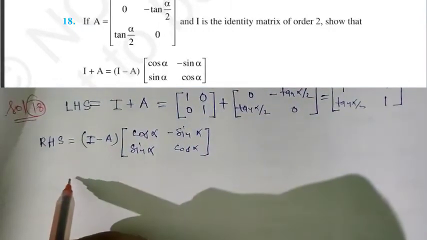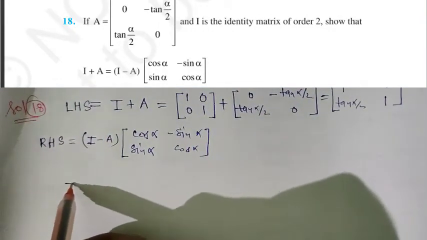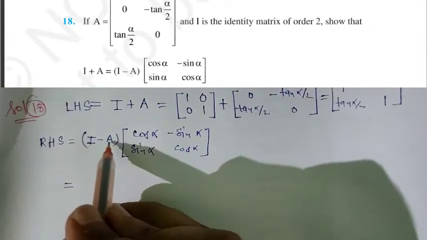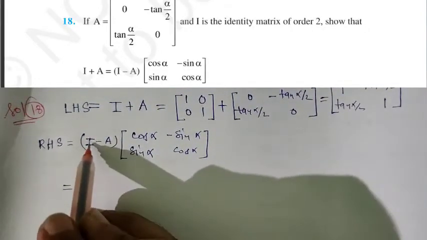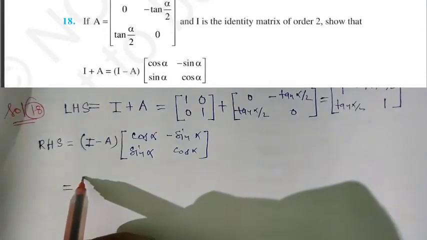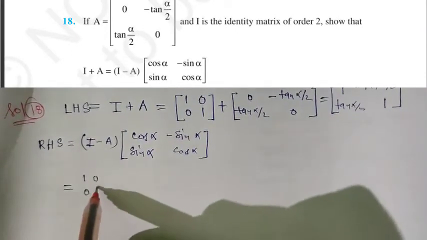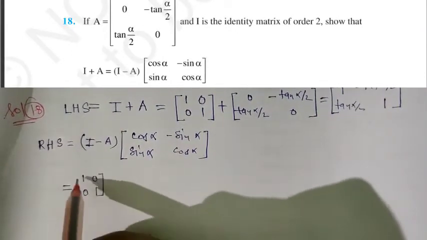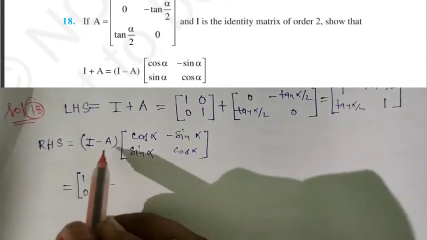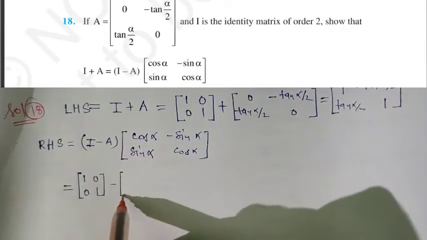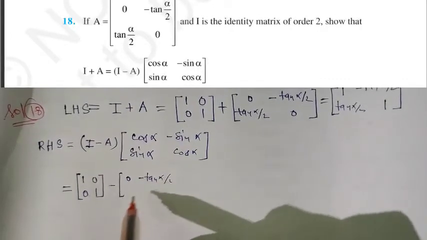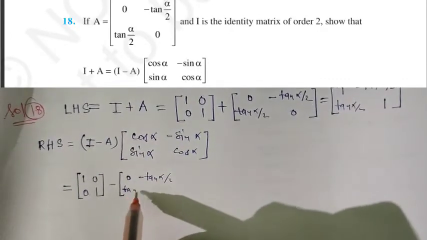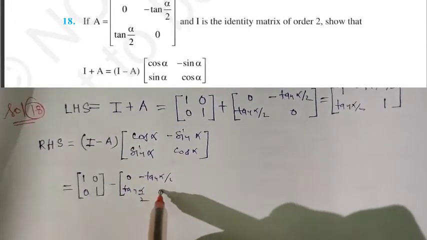How will we do it? First we will simplify I minus A. This will be [1 0; 0 1], and we subtract A, which is [0, minus tan alpha by 2; tan alpha by 2, 0].